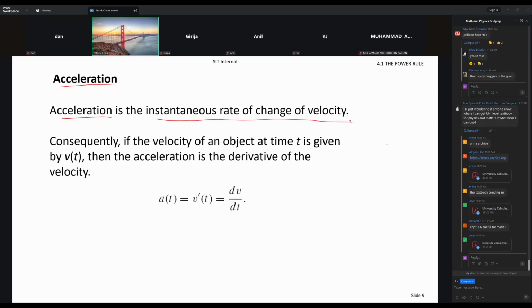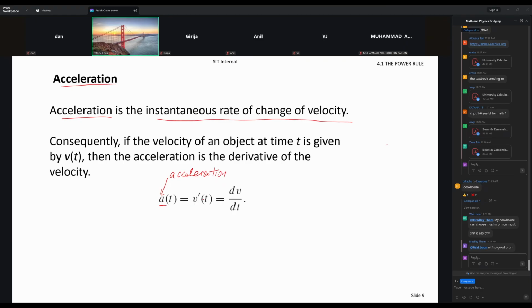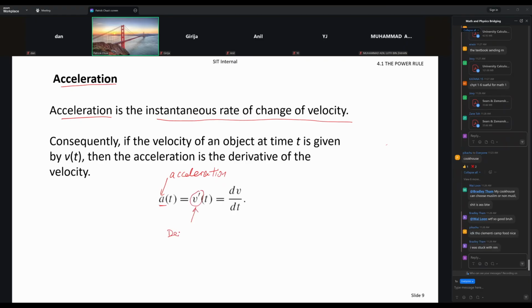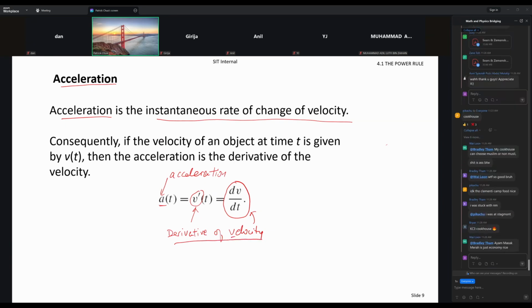In other words, acceleration a, as a function of time, is simply the derivative of velocity, dv/dt. If you differentiate velocity with respect to time, you get acceleration.